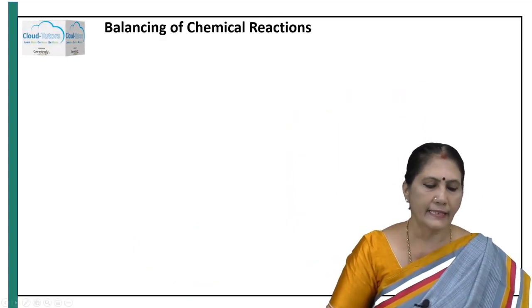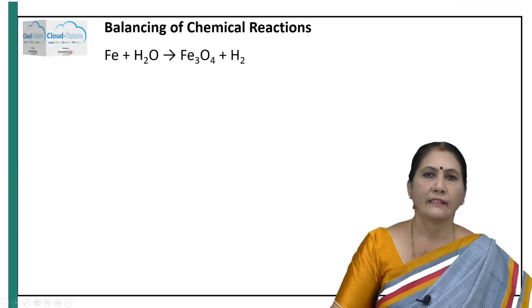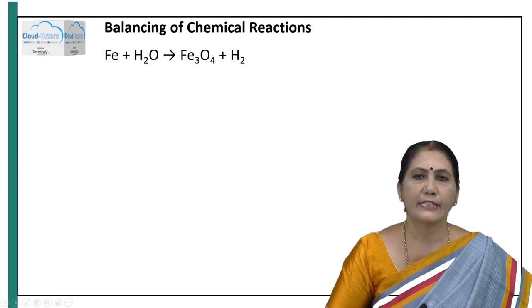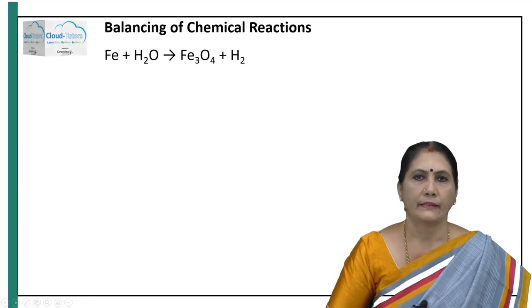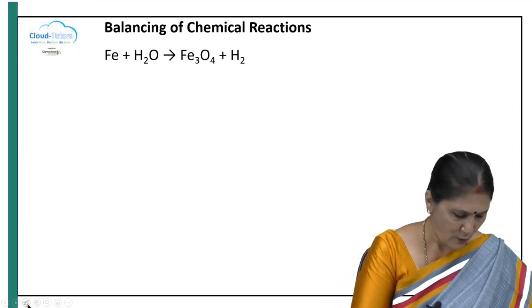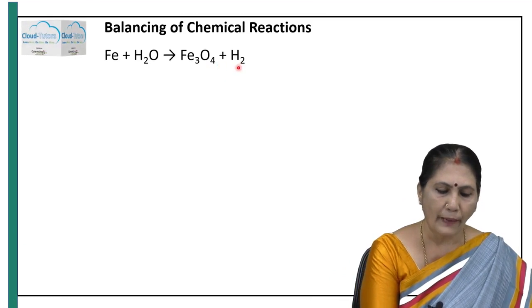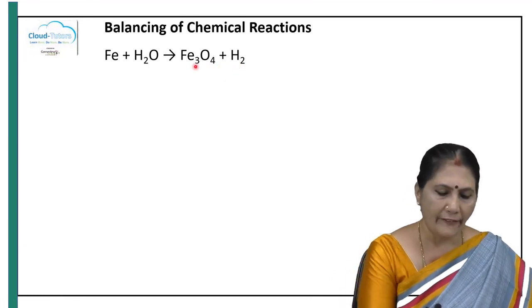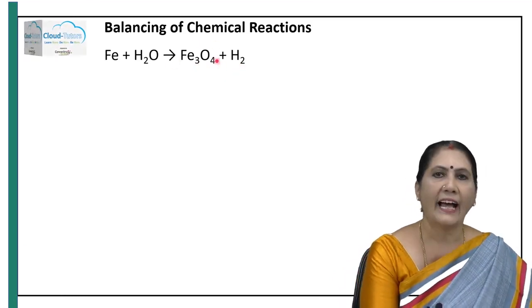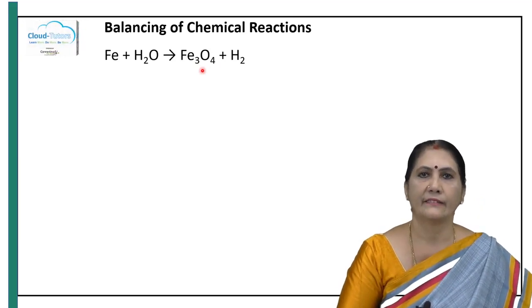Now coming to the next balancing of chemical reaction: iron, when it is made to react with steam, results in the formation of Fe3O4 plus H2. Fe3O4 is called the mixed oxide of iron.